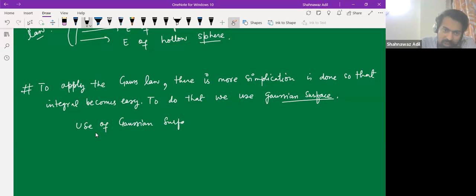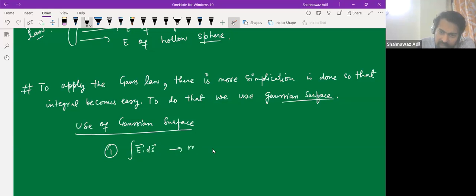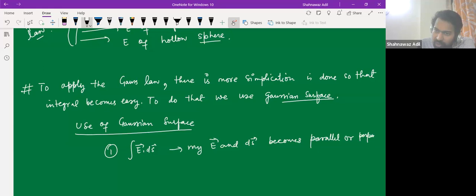We take a hypothetical surface in which, first case, my electric field E dot area element vector ds becomes parallel or perpendicular. I choose the Gaussian surface in such a way that E and ds become parallel.